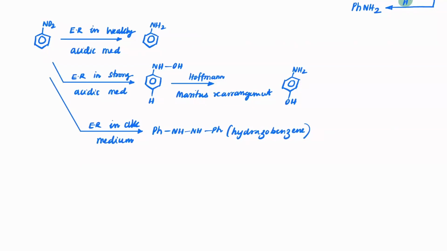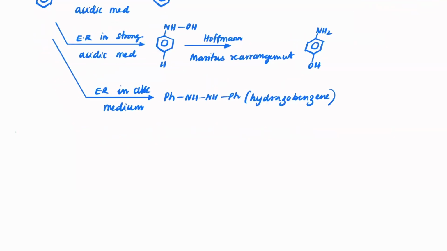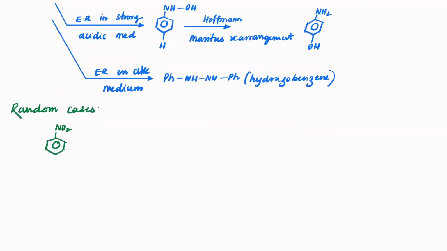Right? And in other, slightly more random cases which we have noticed, imagine you have a nitro compound and you treat it with CH3O minus Na plus in CH3OH, followed by glucose.